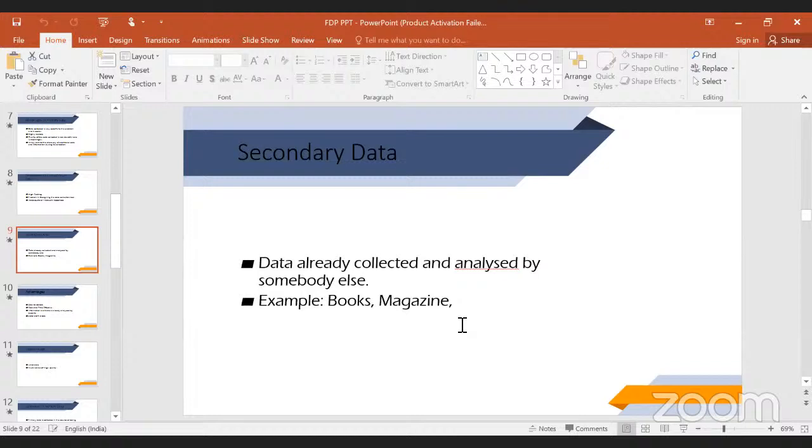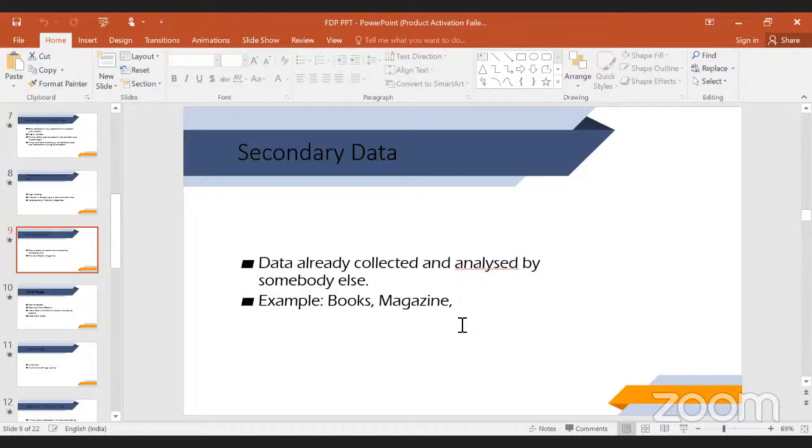So for that matter, I can study data that has already been collected, or use studies already conducted by so many people in that area. For example, you must have seen so many newspaper articles during COVID-19 highlighting its impact on different sectors.